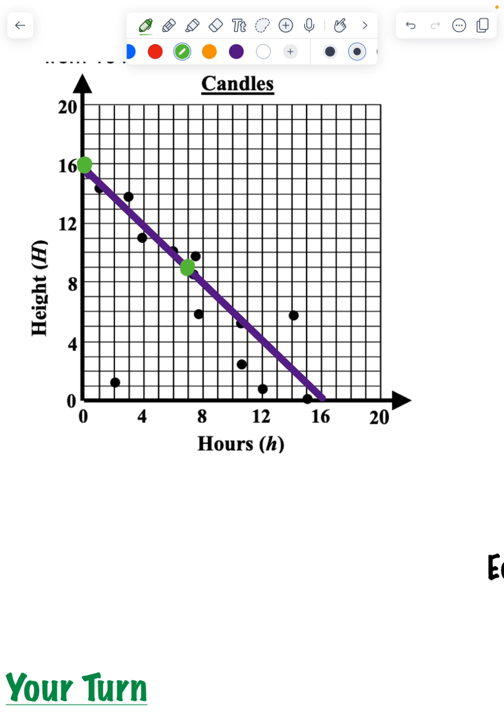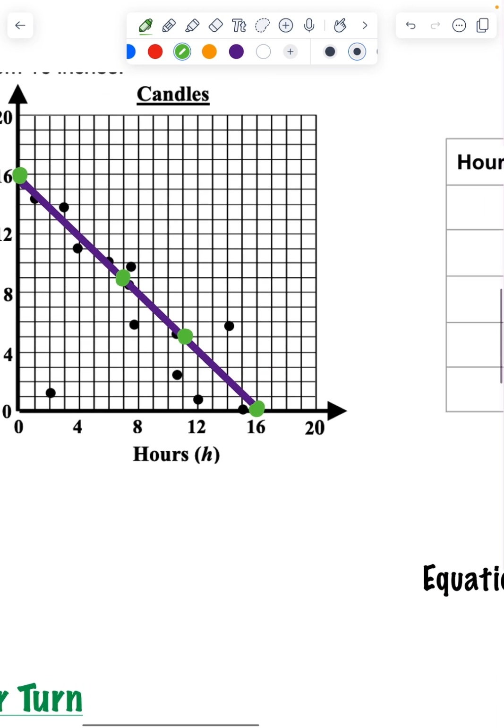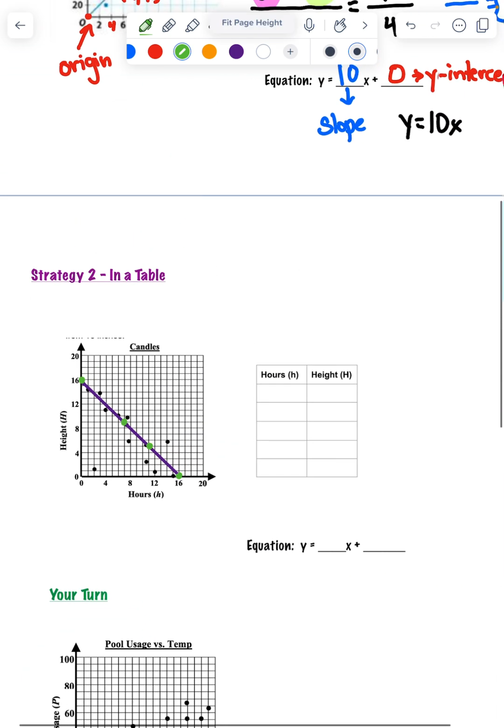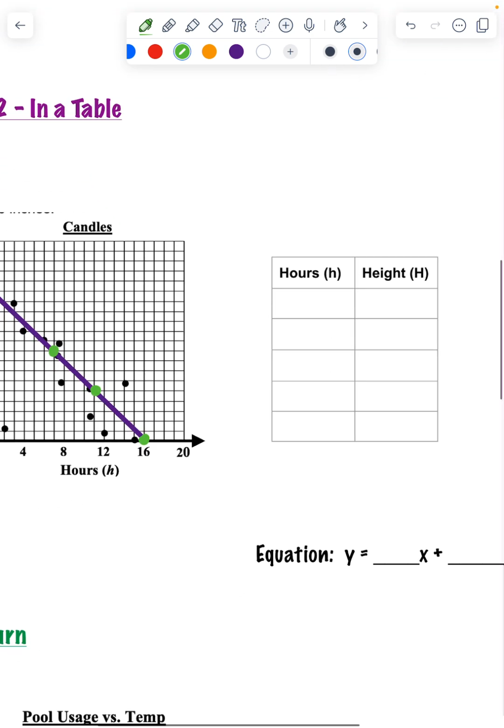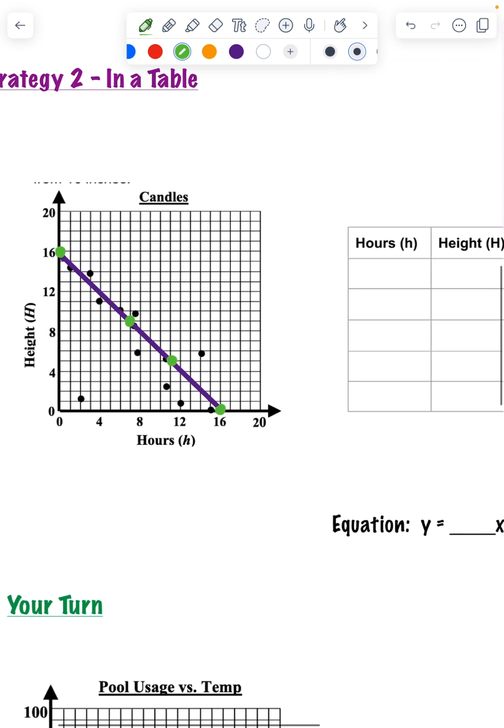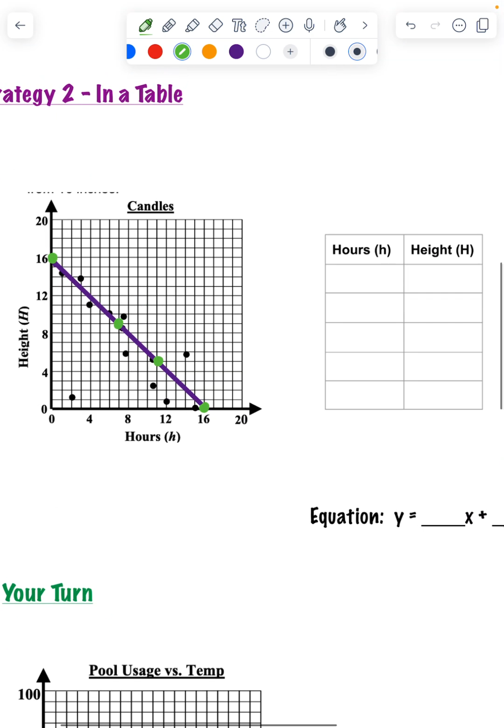I have a perfect point here. And then I have a perfect point here. So those would represent the bulk of my perfect points. So now what I'm going to do is I'm going to put those points into my table, same as we would with our coordinates almost.